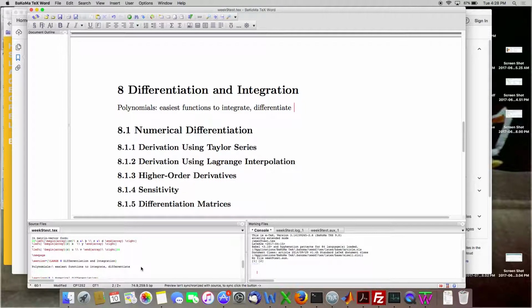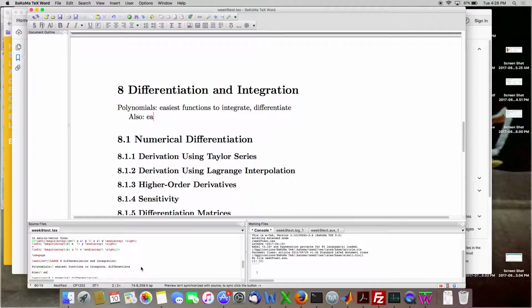Also, they're the easiest functions for a computer to work with, because to evaluate them or do anything with them, you just use the 4 basic arithmetic operations. Unlike functions such as sines and cosines, because sines and cosines are also easy to differentiate and integrate. But what about evaluation?